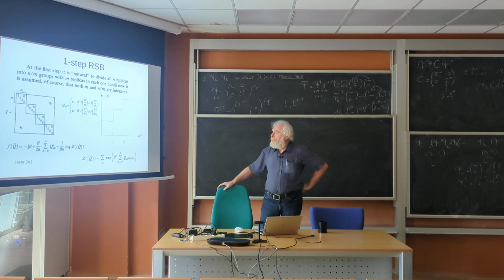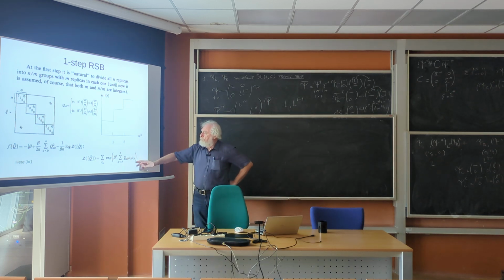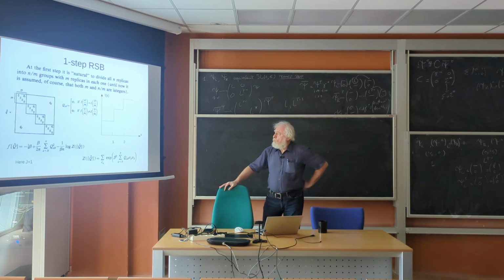So we need to calculate again the partition function, this one. The summation goes over all configurations of sigma with subscripts A and B belonging to this replica space.